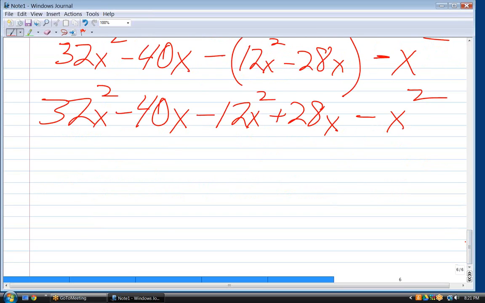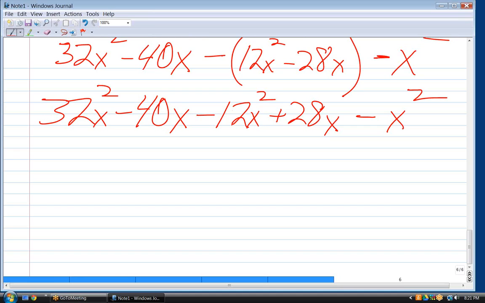How many total x squareds do we have? We have 2. Actually, I have 3. There's one over here, one there, and one there. My bad, sorry. Combine them all? So that's going to be 32 minus 12.